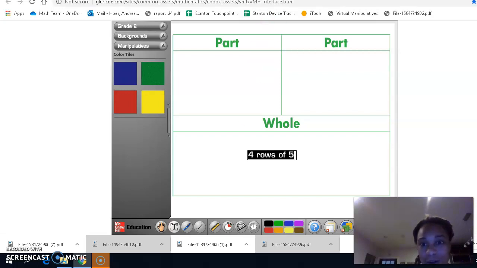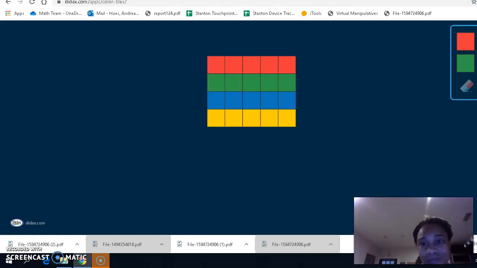I'm going to go back to our rectangle. How can we decompose this rectangle into 2 equal parts? Think about that. All right, I'm pretty sure some of you might have said you know that 10 plus 10 makes 20.